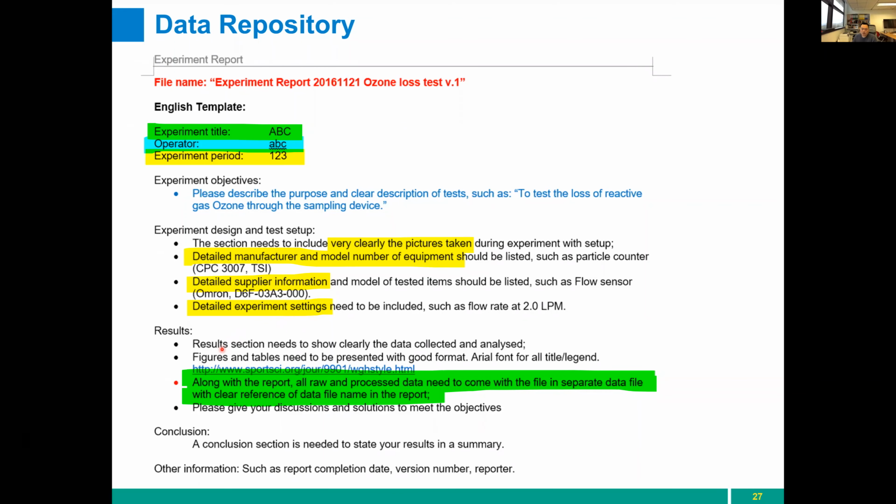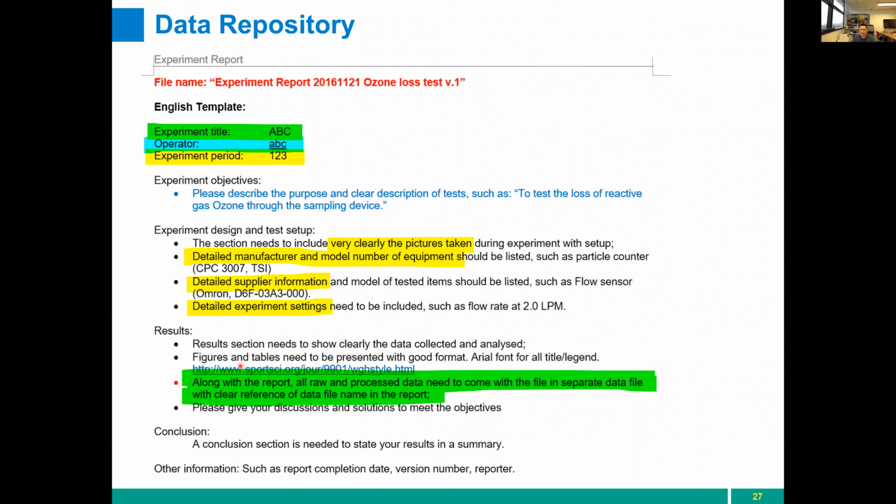When you present the results, our recommendation is that, along with the report, all of the raw data and processed data come as attachments to the report. They can be in a separate data file with a clear reference to the data name in the report. Say in the results you present a figure; you say, for this figure we refer to the data from this file, and this is what we see in the figure.